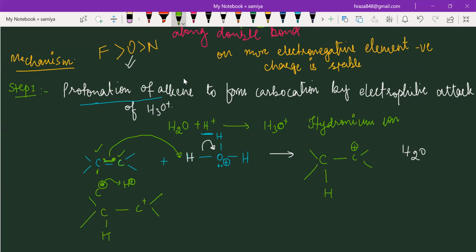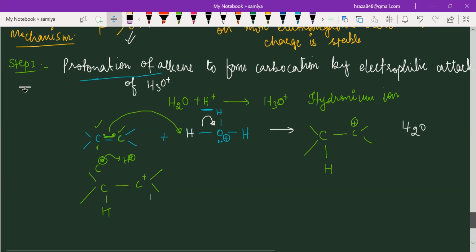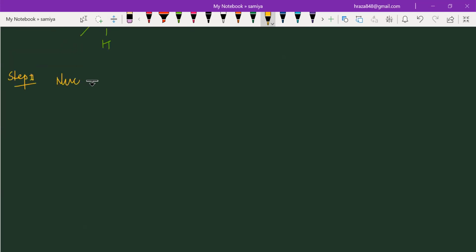Very good. Now we are going for the next step. Step 2. So what does this say? Basically, there will be nucleophilic attack of water on carbocation.